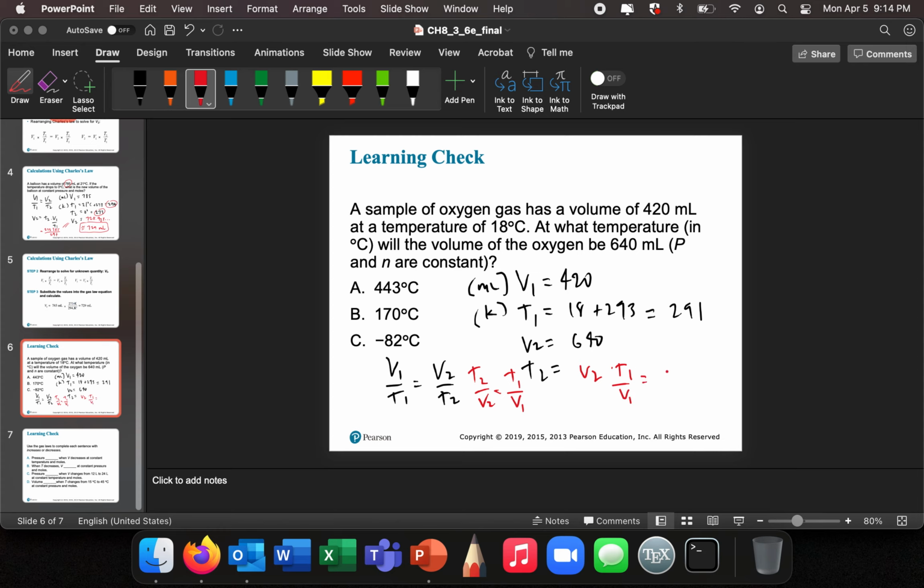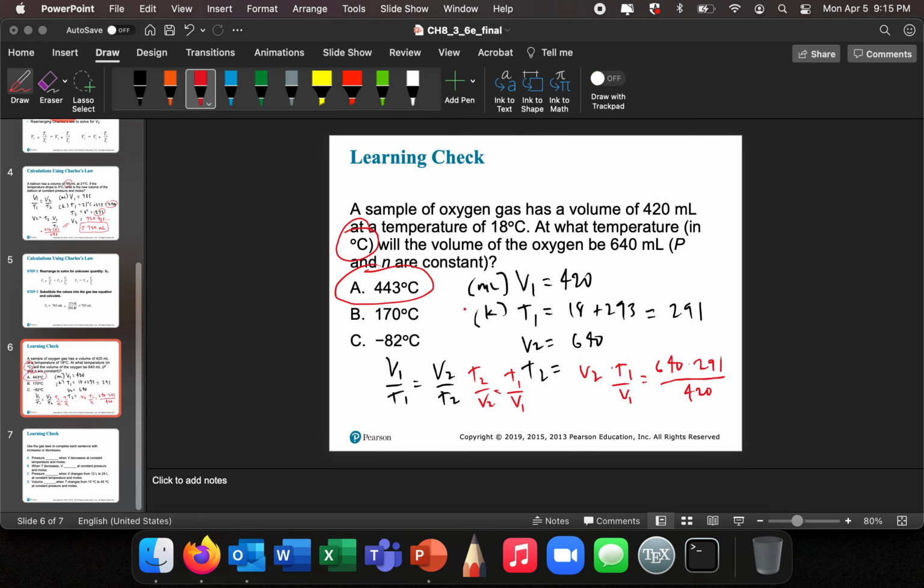Okay? V2 is 640. It's in mils, and that's also in mils, so it's going to cancel out. T1 is 291, and V1 is 420. And I'm going to have to convert this back to Celsius because it's asking for it in Celsius. Right? 640 times 291 divided by 420 gives 443. And there it is, 443.